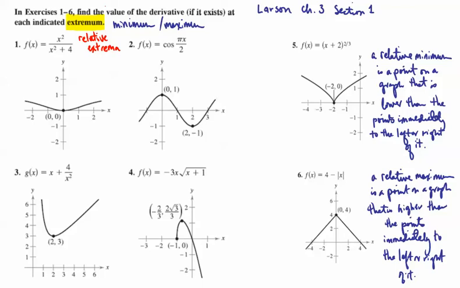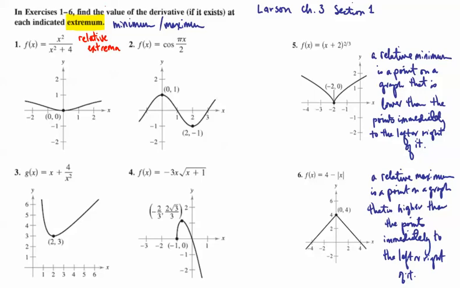So you can see that in exercise 6 there, you have that peak value at 0, 4. We call that a relative maximum because that point is higher than the points immediately to the left or to the right of it. It's relatively higher than the points on either side of it.